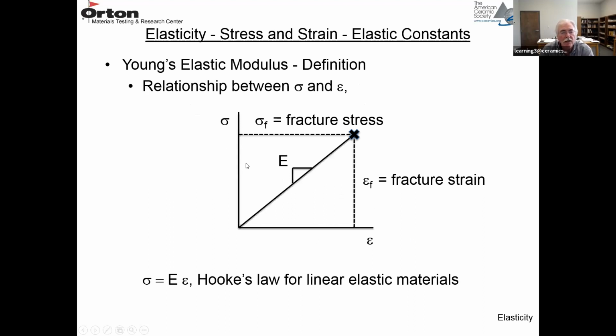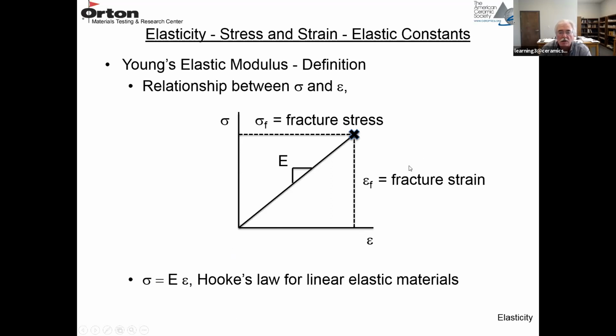If you take that cylinder, put it in a mechanical test machine, and apply a load, you get a stress-strain curve that looks something like this. We're plotting the stress versus the resultant strain. If it's a linear elastic material, it obeys what we call Hooke's law, where the stress is proportional to the strain, so you have linear behavior.